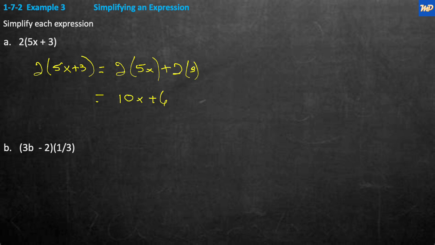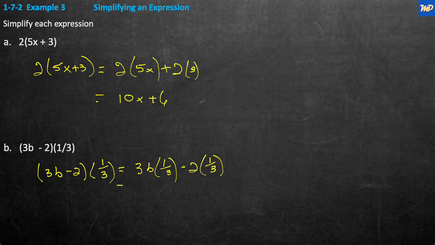How about this one? The quantity 3b minus 2 times 1/3. So we have the quantity 3b minus 2 times 1/3. And what does that equal to? That equals to 3b times 1/3 minus 2 times 1/3.